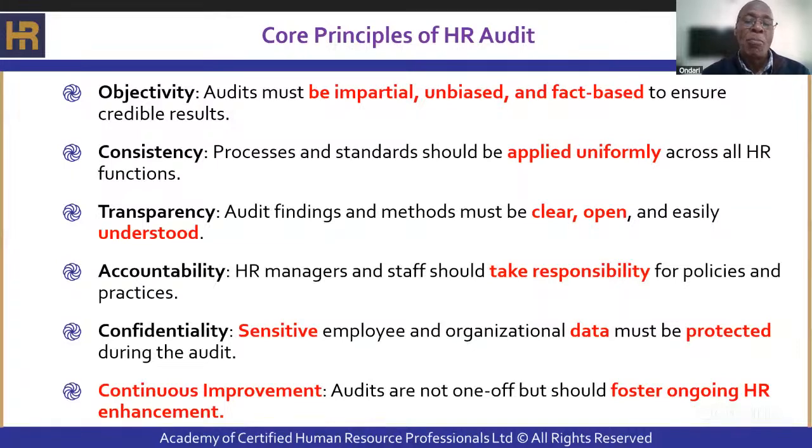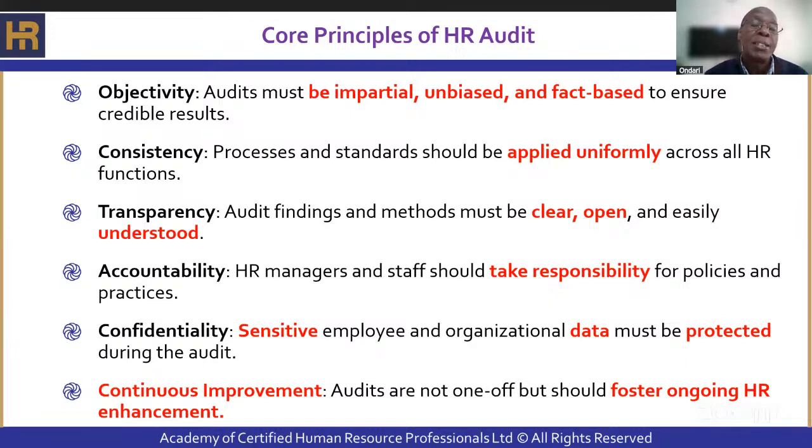Three, we must apply our professionalism. As HR professionals, one of the ethical issues that we must practice is objectivity. That when we conduct HR audits, we should not be influenced by any other person, and that whichever decisions we make are not biased or work against an individual, which is not right.